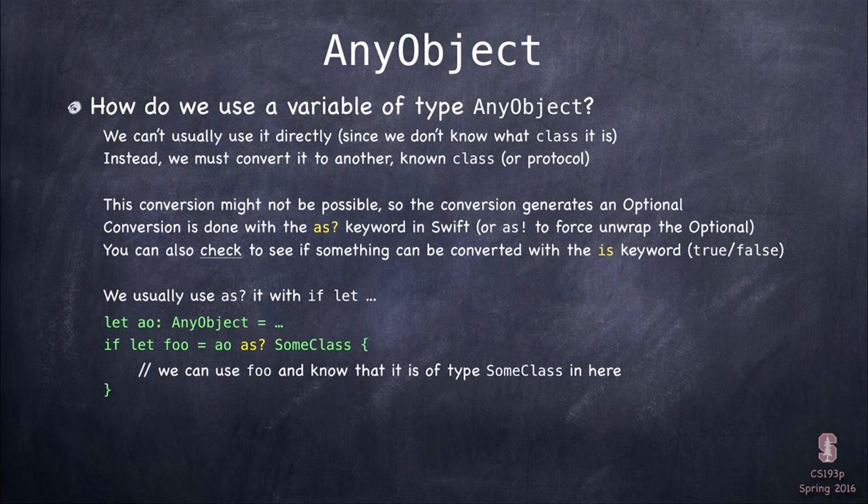I say if let foo equal ao as SomeClass, then in here, there's going to be a local variable foo, which is not going to be AnyObject. It's going to be of type SomeClass. Got it? It's just that simple. We're essentially casting, if you want to use that terminology, casting AnyObject to be SomeClass, conditionally. So that's how we use something of AnyObject.